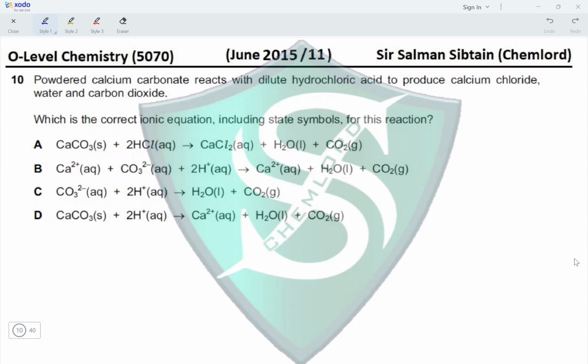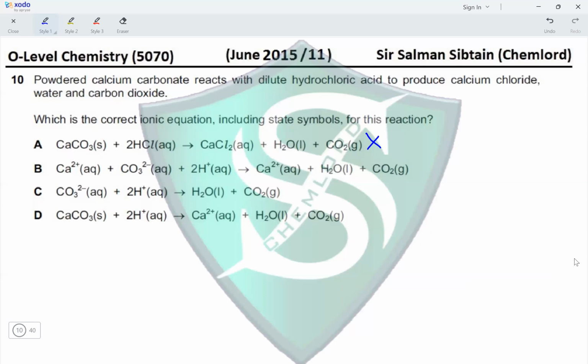This is the complete equation for the reaction, not the ionic equation. In B, we've got all of the ions present in calcium carbonate included along with H positive, producing calcium ions, water, and CO2.